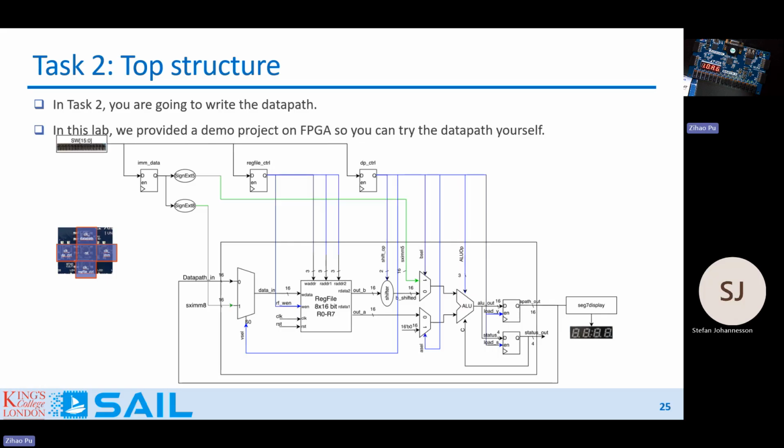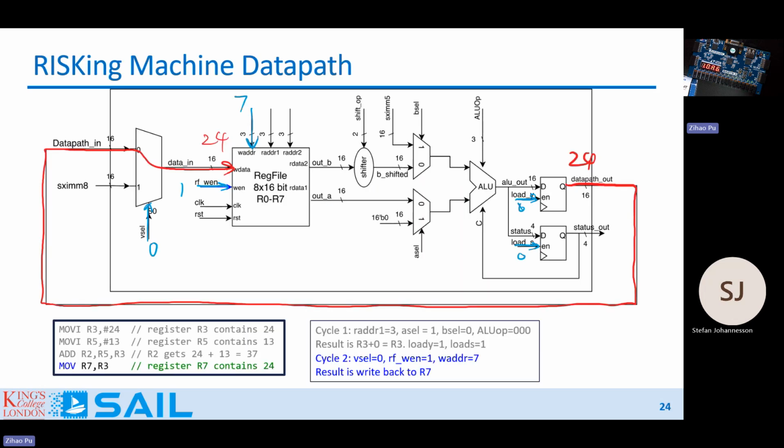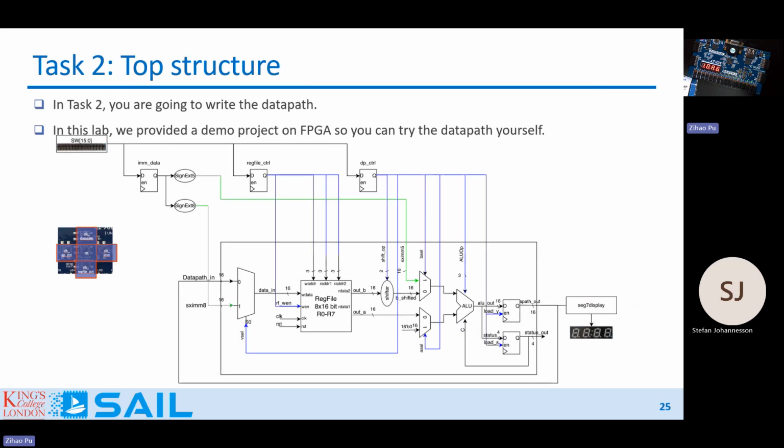So this is the top structure of our task 2. In task 2, you are going to write the data path, which is everything you see here. But in this lab, we will provide you a demo project on FPGA, so you can try the data path yourself. Okay, so basically this is going to be the data path you write. And this is going to be the top file I will provide.